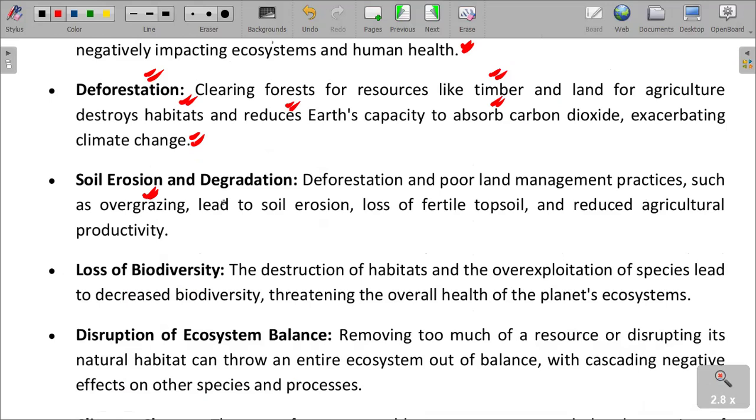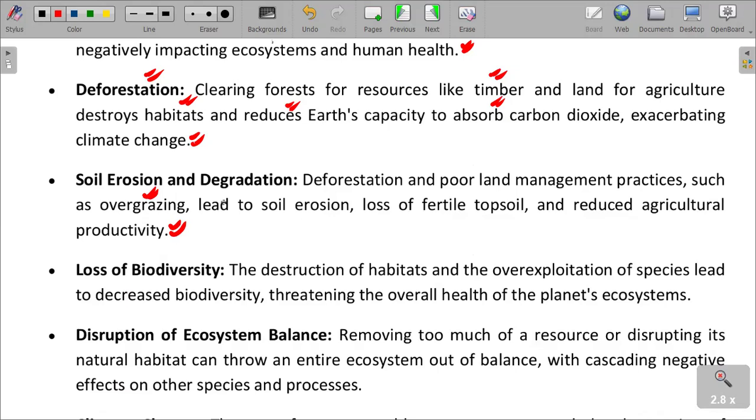When the land is overgrazed, animals feed on the available vegetation to the extent that it cannot recover on its own, exposing the soils to erosion. We talk about the loss of much needed fertile topsoil and reduced agricultural productivity, which also results in food insecurity that we have just mentioned.